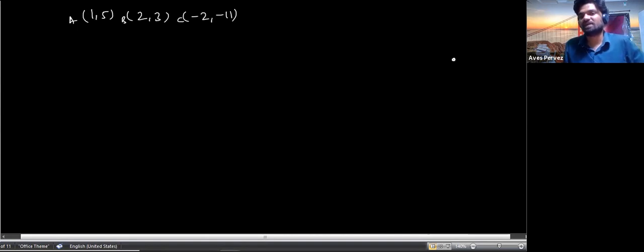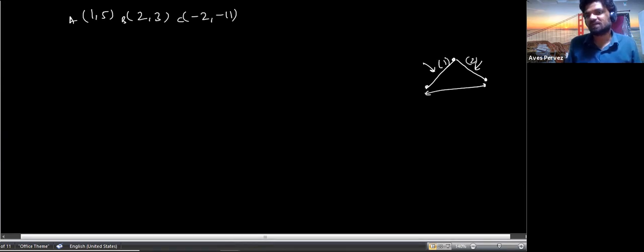For example, if I'm saying that A, B, and C are the collinear points, I can check by calculating the distance between these 2 points and these 2 points. If they are collinear, then the third distance must be equal to the sum of the first and second.